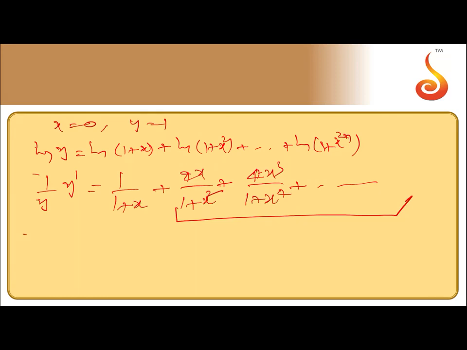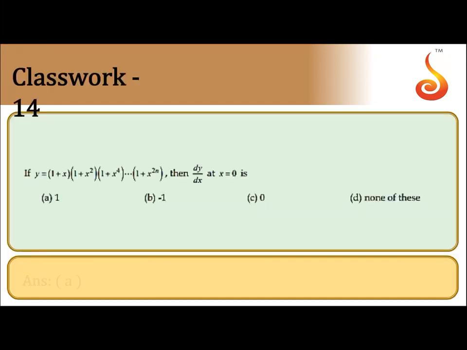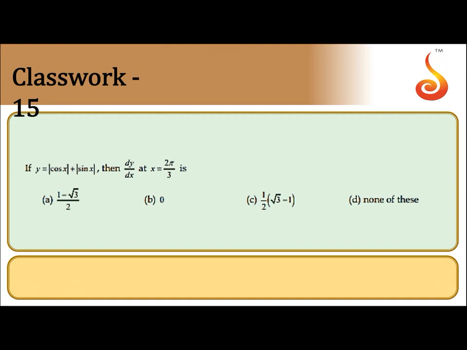In every other term, x is existing. So when you substitute x equals 0, all the terms will become 0 except the first, which is 1. And the y value equals 1. So y dash equals 1. Therefore the derivative of this function equals 1 when x equals 0.